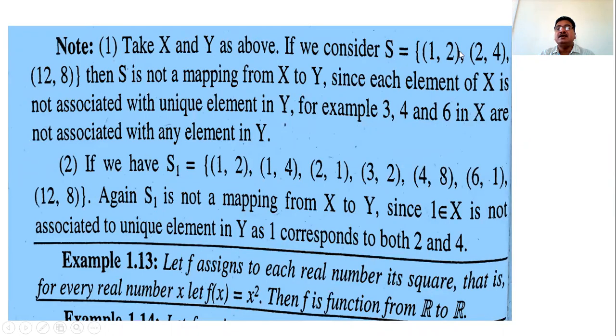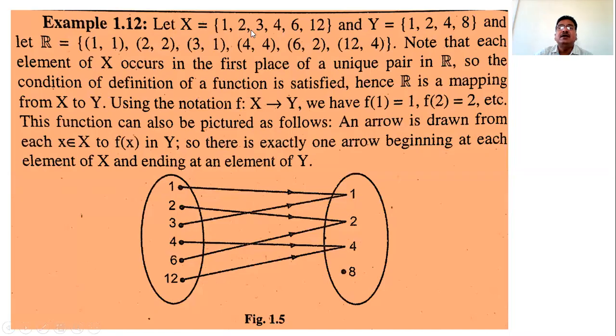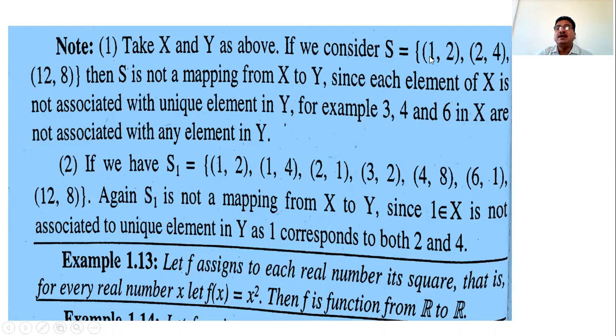And consider this S as (1, 2), (2, 4), (12, 8). Then S is not a mapping, or S is not a function from X to Y. Why is S not a function? Because each element of X is not related with a unique element in Y. X contains a total of 6 elements, 1, 2, 3, 4, 6, 12, but only 3 elements are related: 1 related to 2, 2 related to 4, and 12 related to 8.